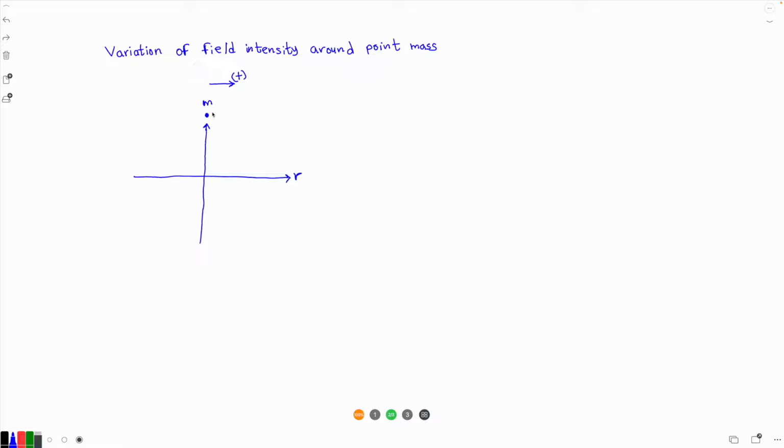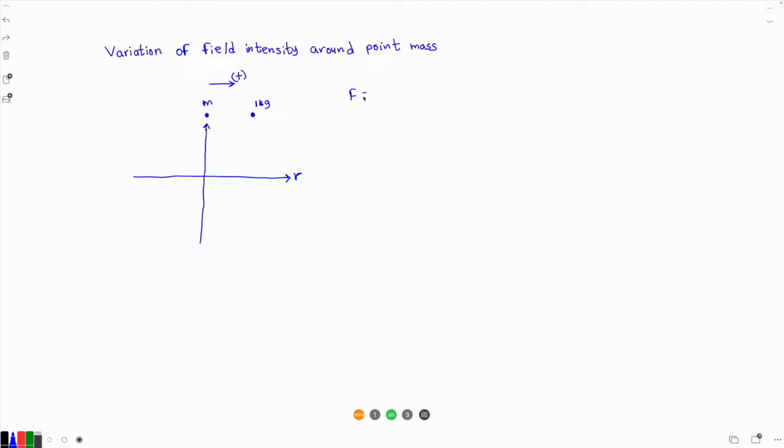To find the field intensity at any point, there is a very simple thing you have to do. You have to bring some 1 kilogram mass and check the force acting on it. We know that the field intensity is the force acting on 1 kilogram. So I'm going to use Newton's gravitation law.